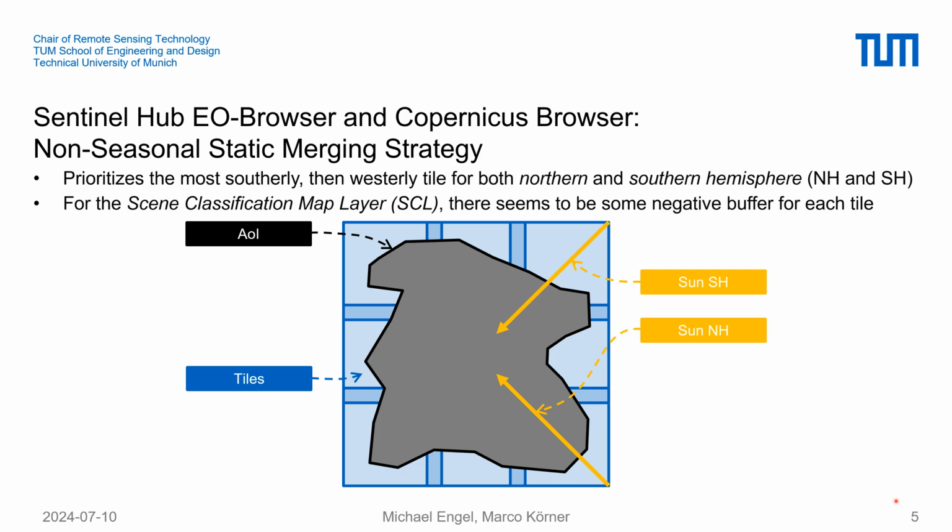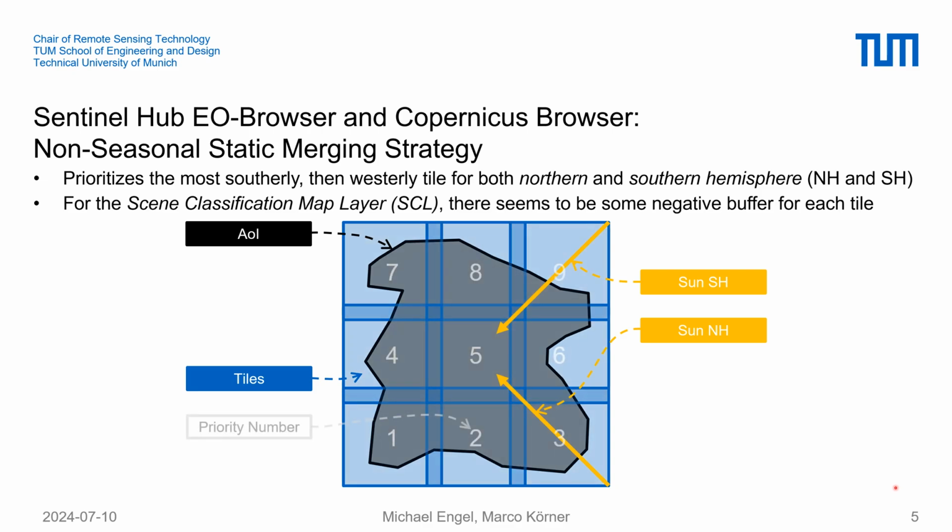However, as a non-seasonal static merging strategy, the EO and Copernicus browsers prioritize first the most southerly, then the most westerly tile, both for the northern and southern hemisphere. And as a side remark, for the scene classification layer, they apply a negative buffer of a few hundred meters. Anyway, applying their merging strategy, we have the following priority queue.